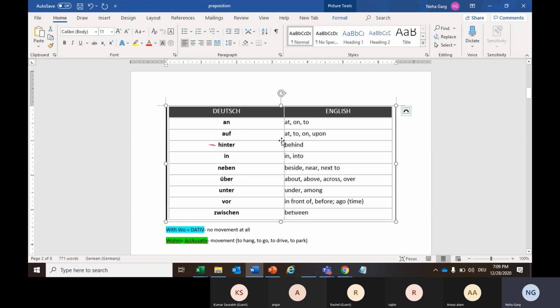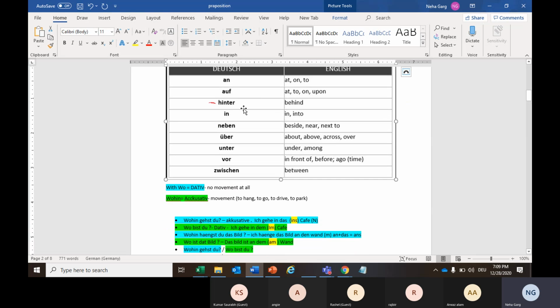Then we have hinter, that means behind something. Then we have in, into something or inside something. Neben, besides or next to something. Über, above something or over something. The difference between auf and über: when you're putting something onto something, there is no gap.